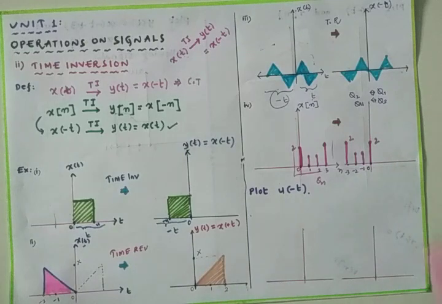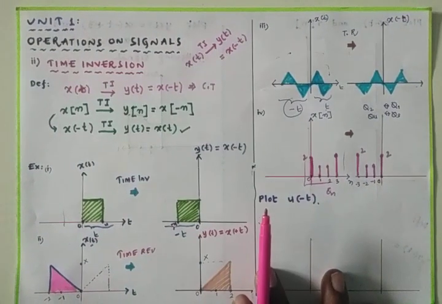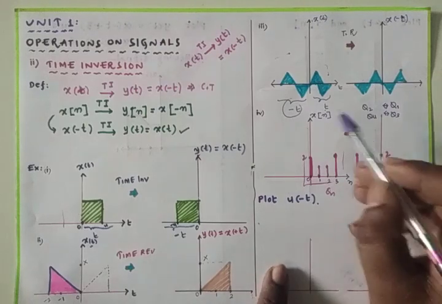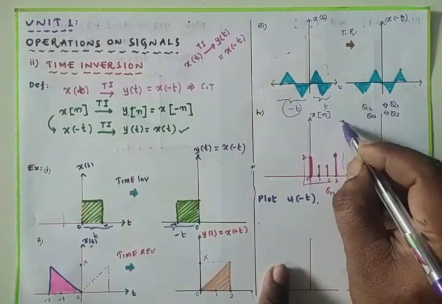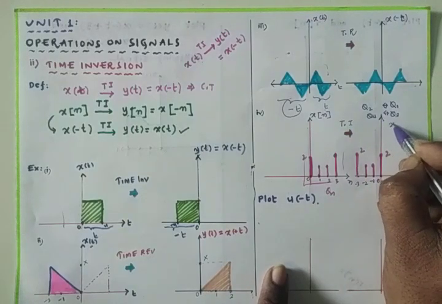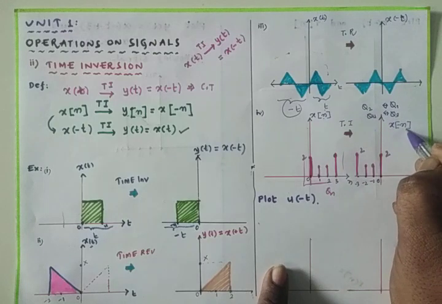This is the time shifting operation, the time inversion operation applied on one particular signal. That signal we can call a discrete time signal, and by applying the time inversion operation, the next signal will be x of minus n, because n is simply replaced by minus n.